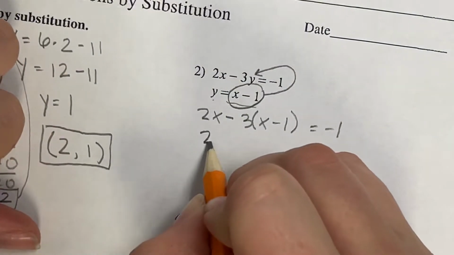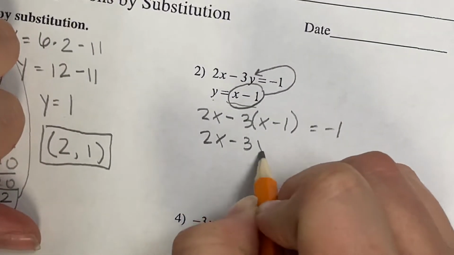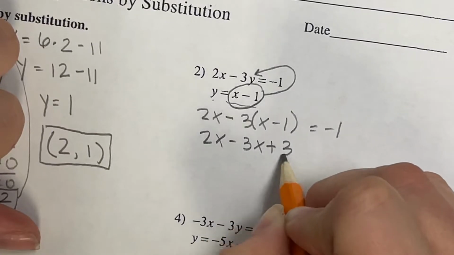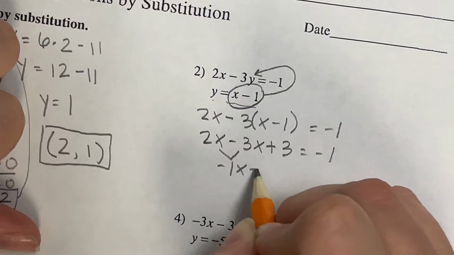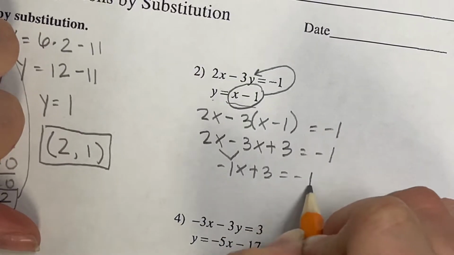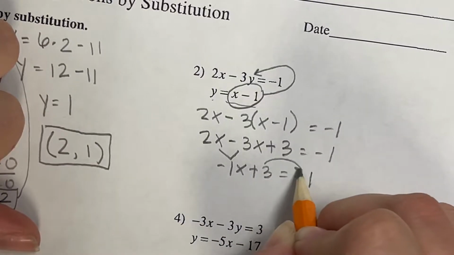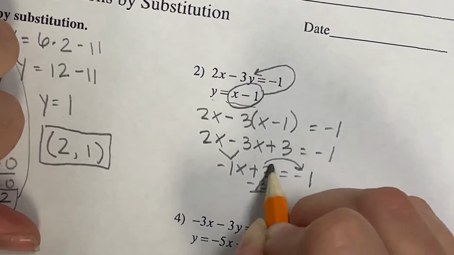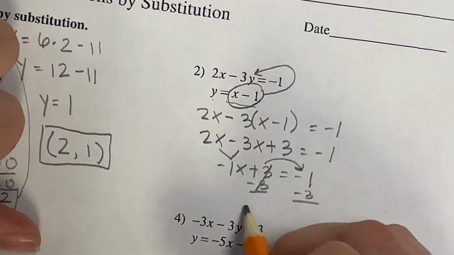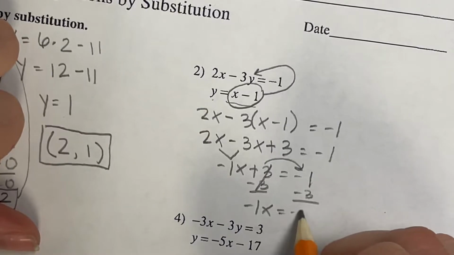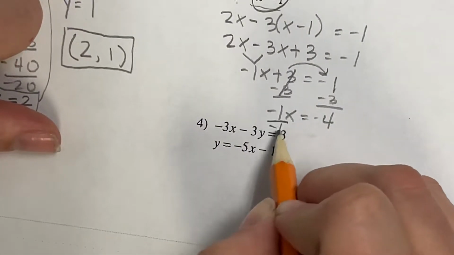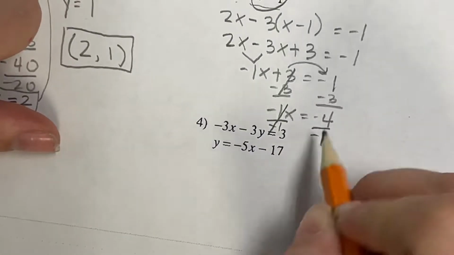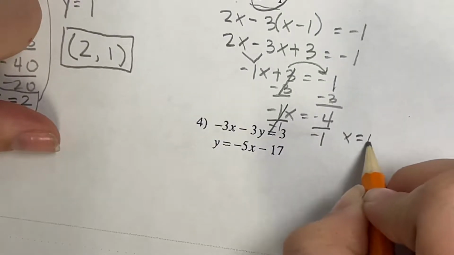All right, so we distribute, combine, move the 3, and get rid of that negative 1 by dividing. x equals 4.